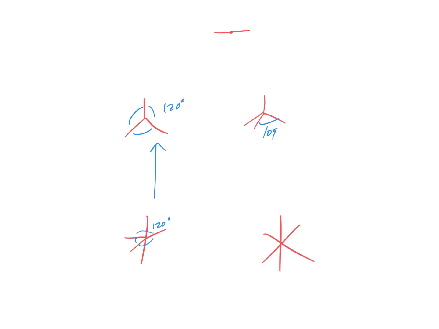For the octahedral, there's a bunch of 90s, there's a bunch of 180s. Everything is equidistant from each other. Again, that's to minimize the negative repulsive forces of each electron group, and they're going to move to areas where the net repulsive force is 0, which is then going to be balanced.